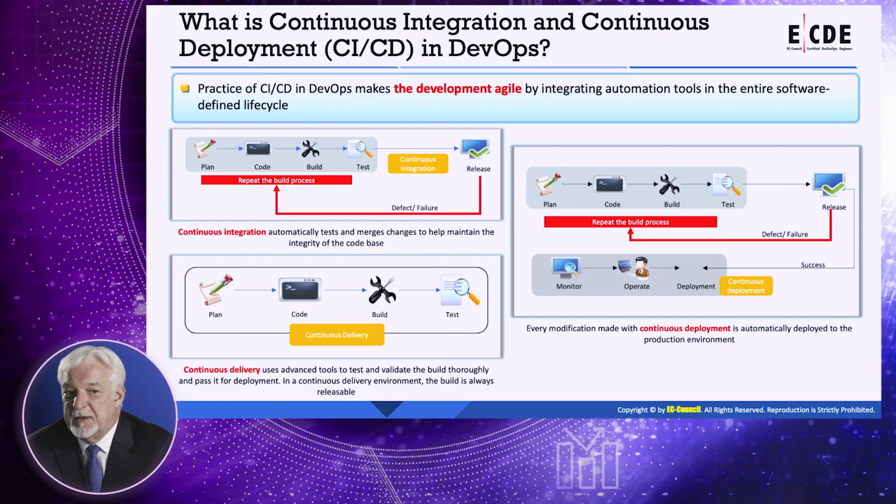So we see this repeat build process again, defect failure into the release, cycles back and forth, and then it gets shoved through with this continuous deployment of the code. And then at that point, all you have left to do is to monitor and operate the environment to make sure that everything's working as designed. And meanwhile, in the background, more improvements are coming with continuous deployments.